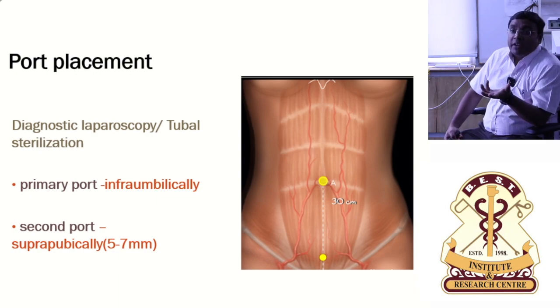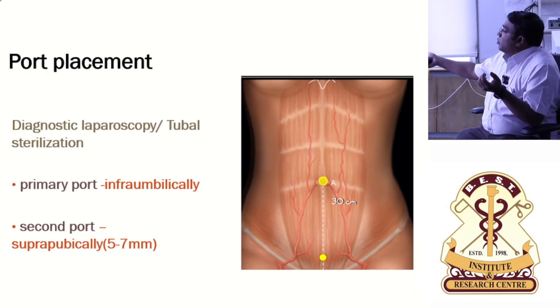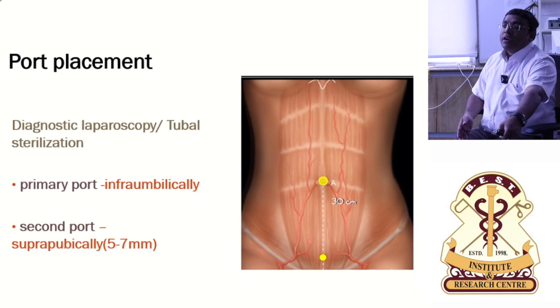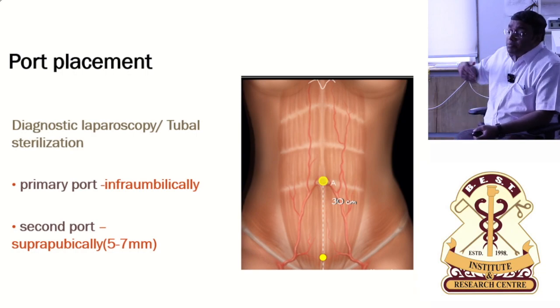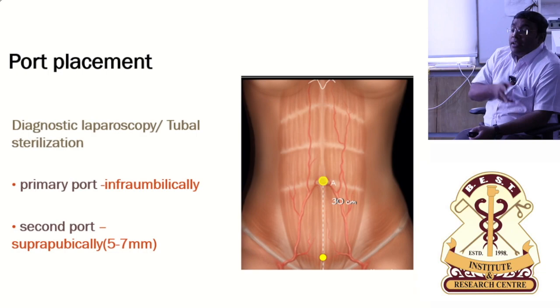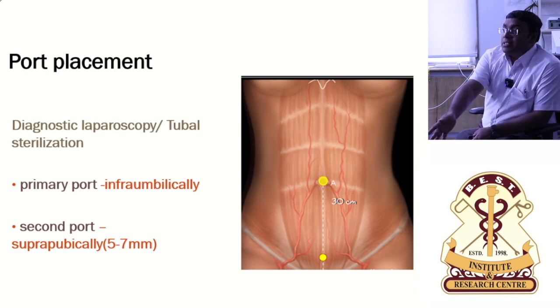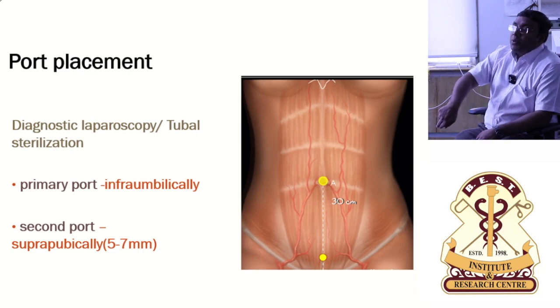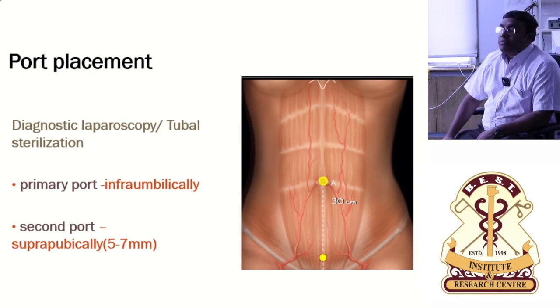With this suprapubic port, I can reach the right uterine artery, and I can reach the left uterine artery. Whereas if I put ipsilateral ports on one side, my left side hysterectomy is easy, but to coagulate the uterines on the right side, if my instrument comes from this side port, I may not be perpendicular to the vessel.